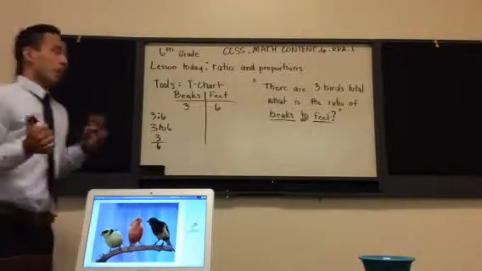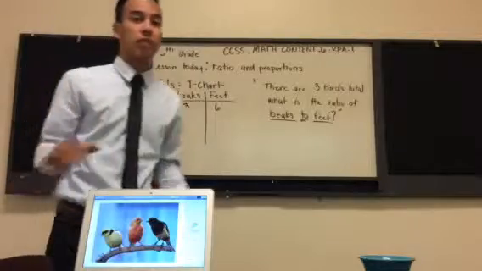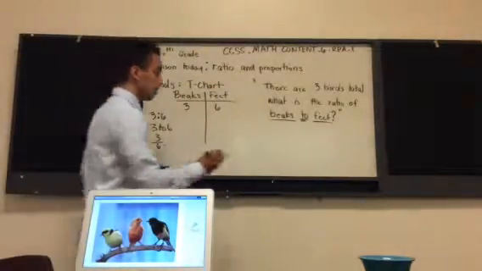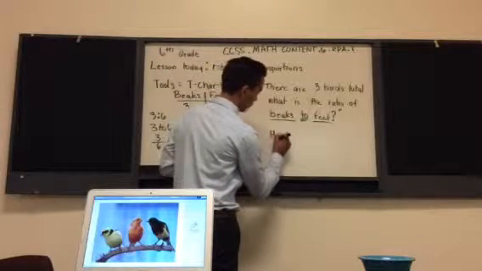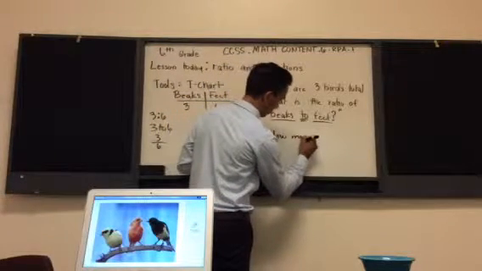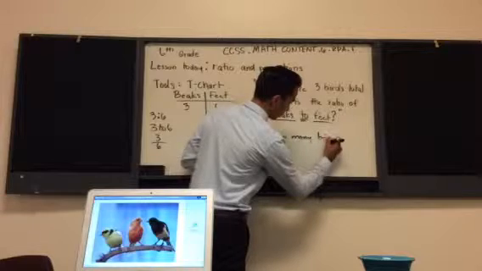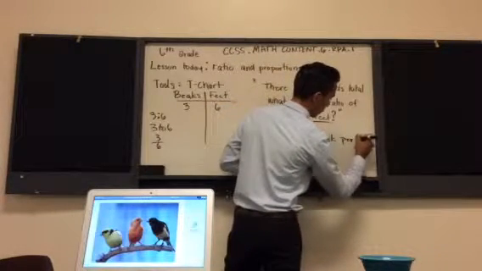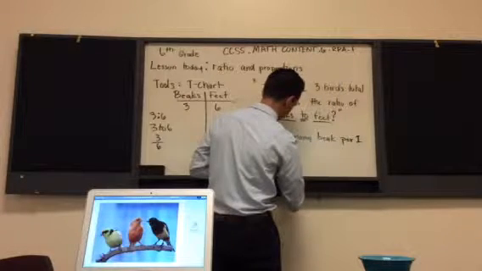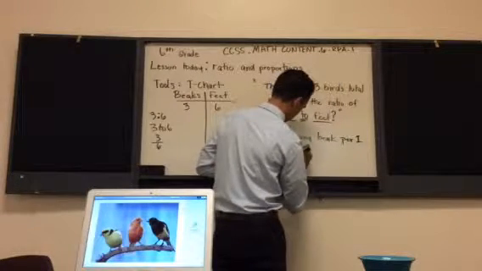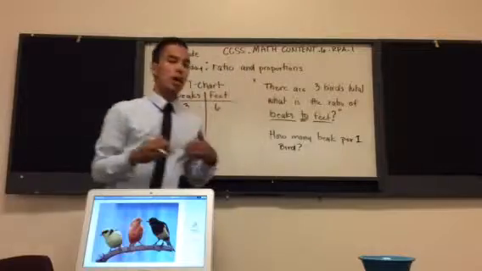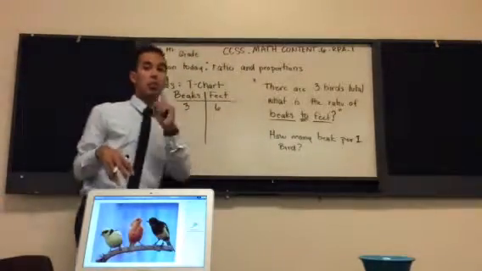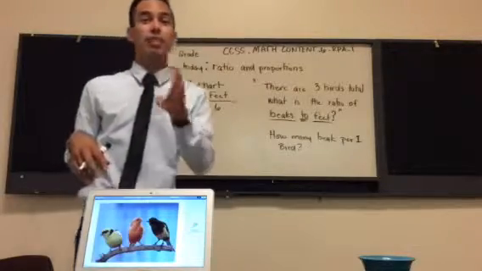With that being said, we need to reduce or simplify to a lower term if we were to find how many beaks per 1 bird. So now we want to find how many beaks 1 bird has to feet.